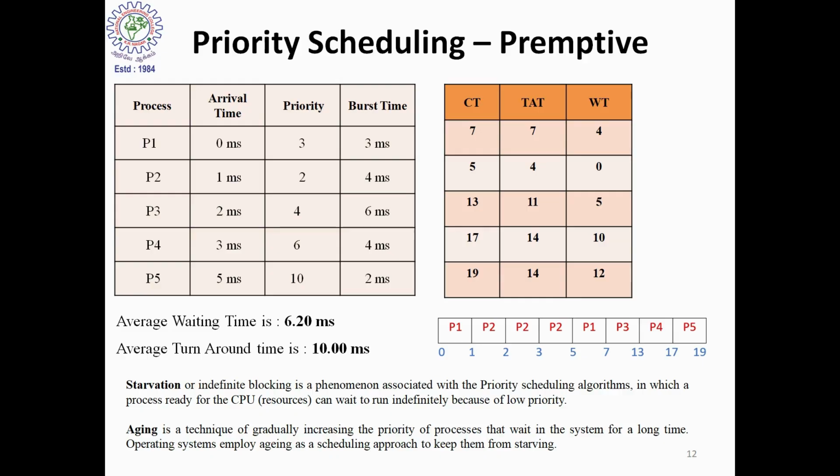For example, after 2 seconds we increase the priority of the process by 1 unit, or after 3 seconds by 2 units. Likewise, we may increase the priority of a process that is waiting for a longer period of time in the system, in order to avoid this starvation effect. So starvation happens in priority scheduling, and this can be overcome by using the aging process. This is one method to overcome the starvation problem.